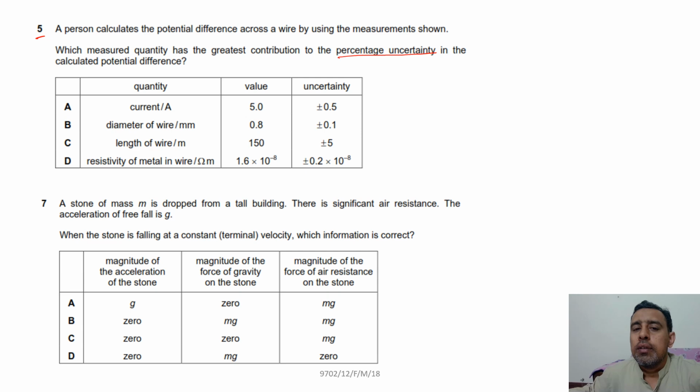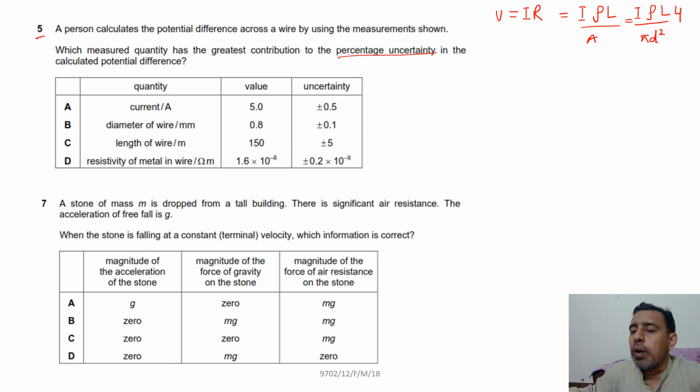So for the potential difference, you know that V is equal to IR, and you know R is equal to rho L over A, so V is equal to I rho L over A, where area is pi d square by 4. We always talk about the cylindrical wire, so the area is pi r square and we convert it into pi d square by 4.